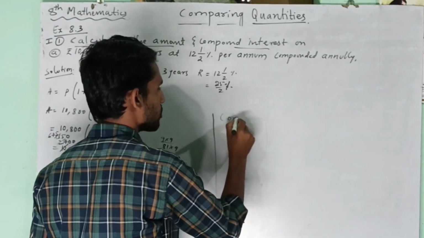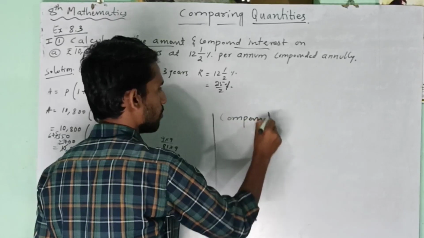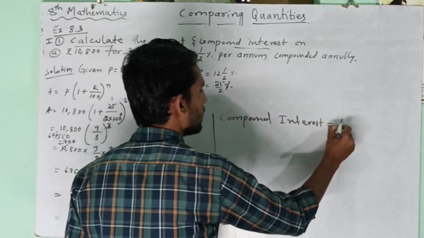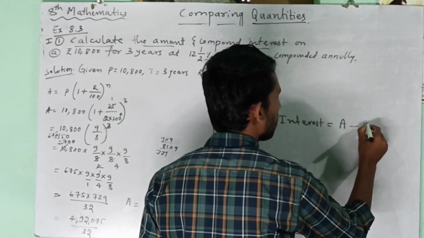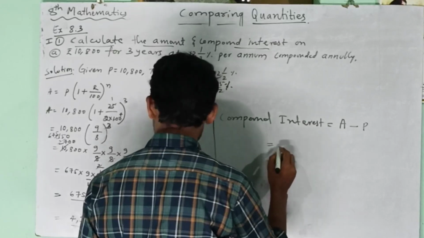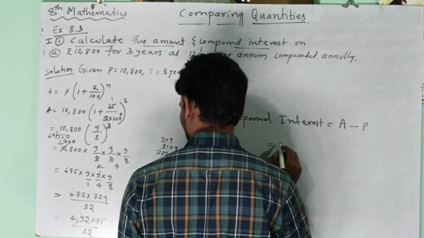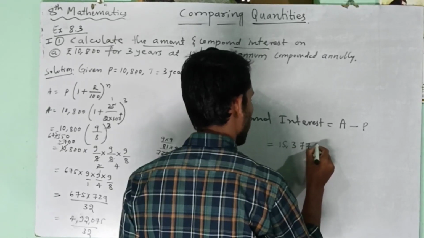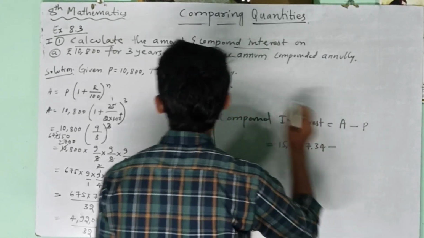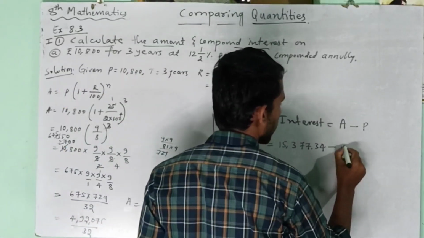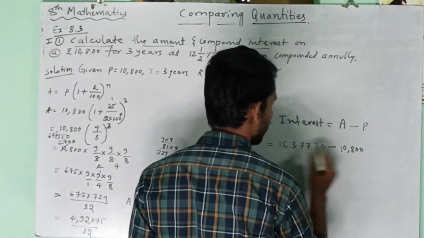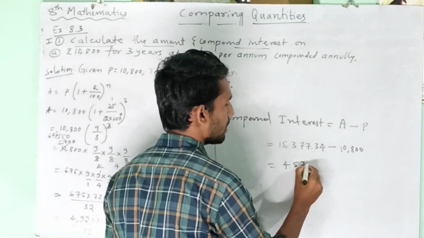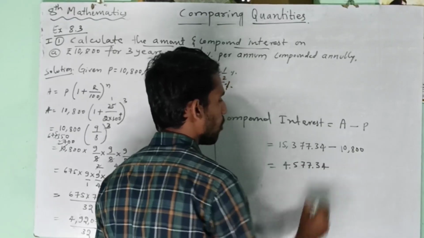Now compound interest, A minus P. Okay, A amount that is 15,377.34 minus principal that is 10,800. When you do the subtraction, you will get here 4,577.34.